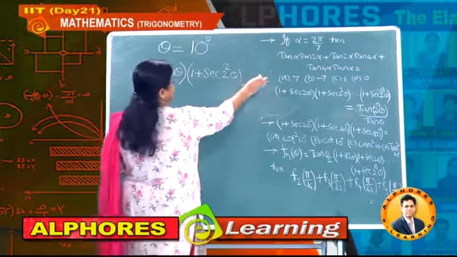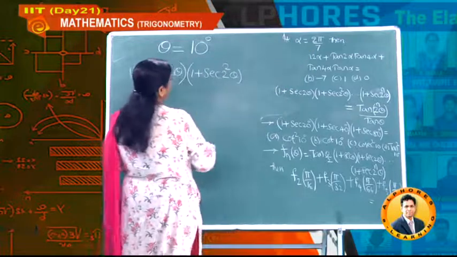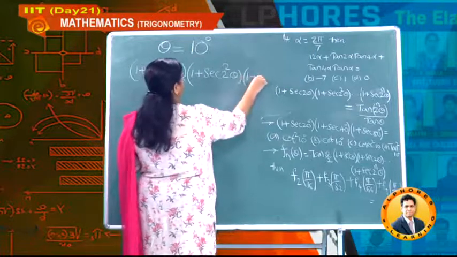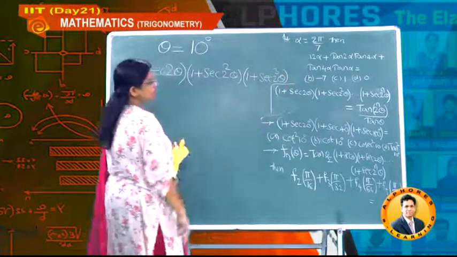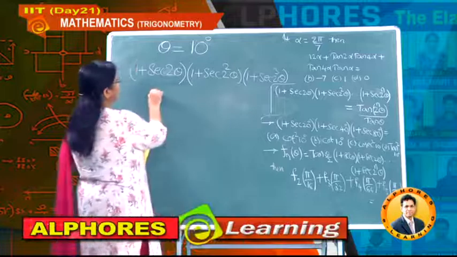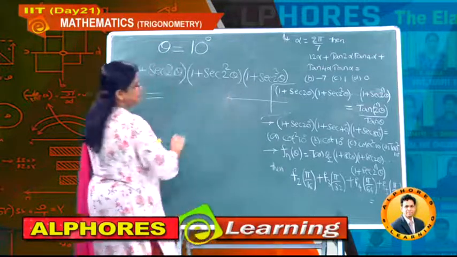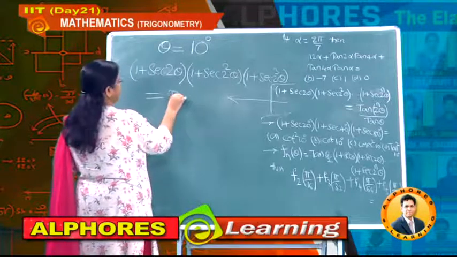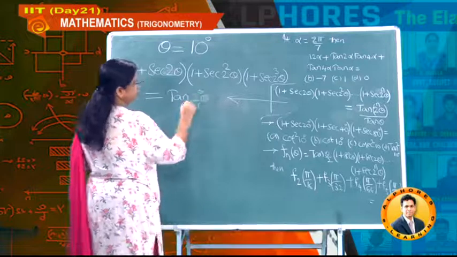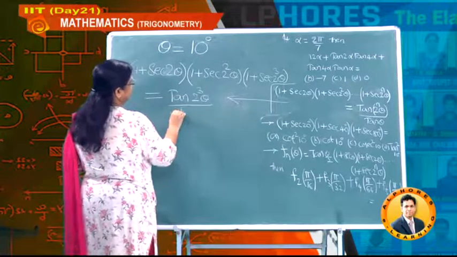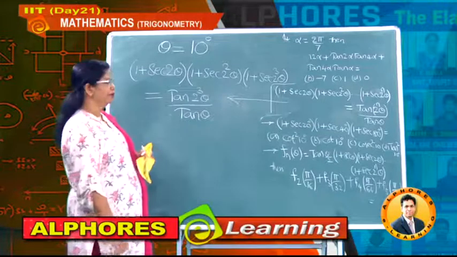And the next value is 1 plus secant 2 cube theta. So the problem ended here with only 2 cube. Then what about your answer? It is tan 2 cube theta, whole divided by tan theta. So this is the value you got.